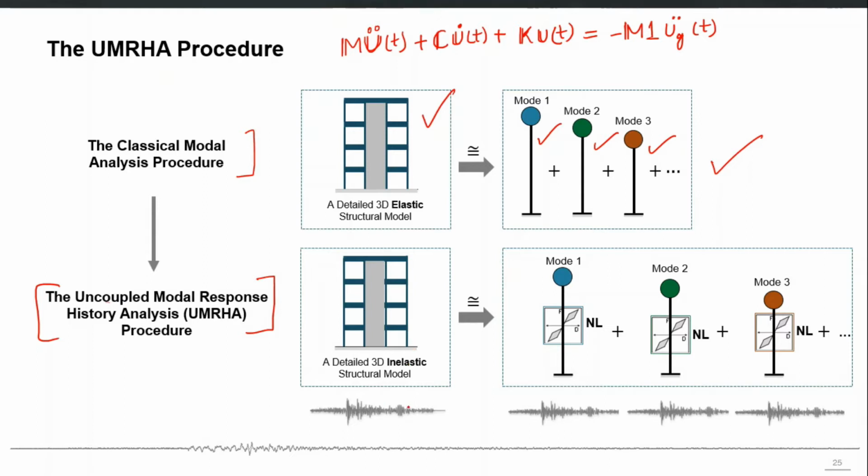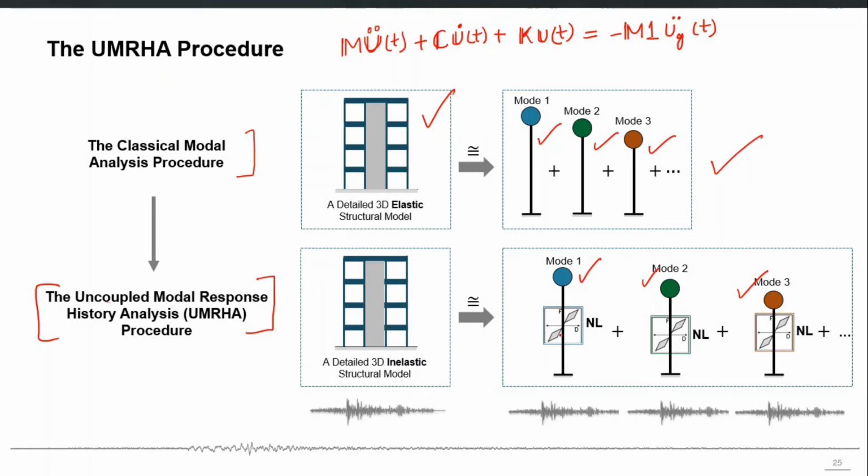You approximately decompose that inelastic structural model into a sum of a few single degree of freedom systems, each representing a mode's contribution of that inelastic system. But each of those single degree of freedom systems is not elastic anymore. It is also inelastic or nonlinear.